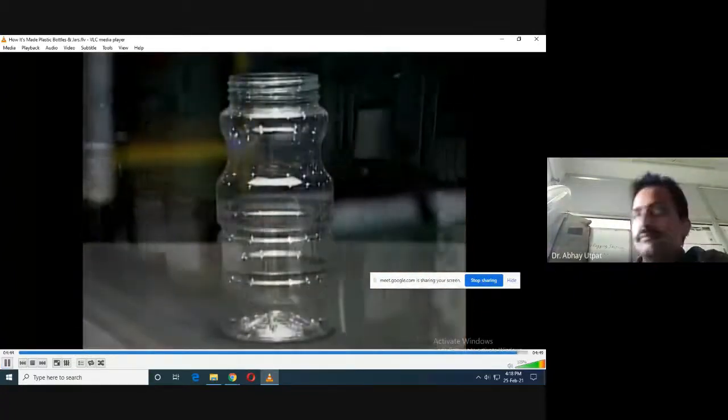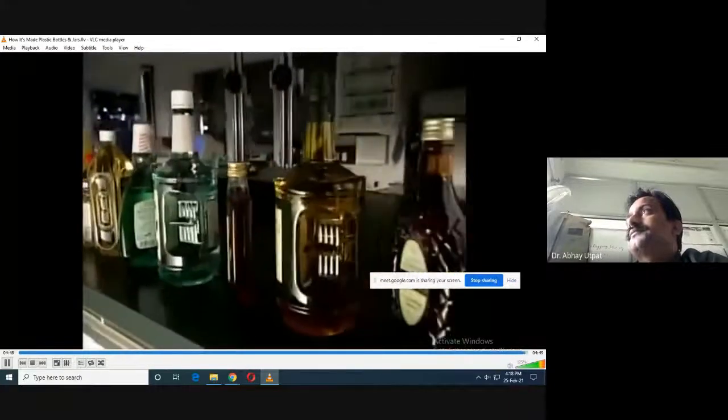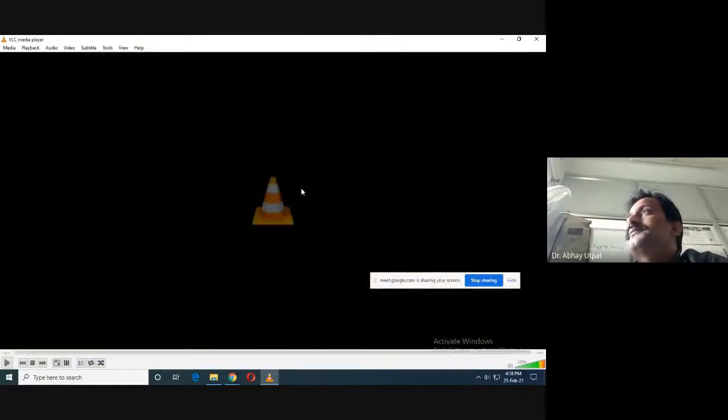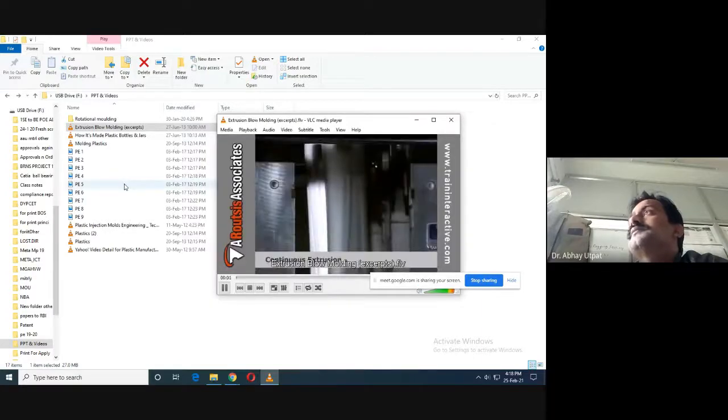This is the parison and this is the jar. This I have shown.